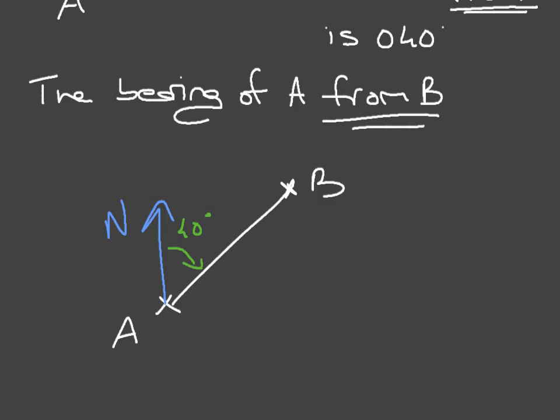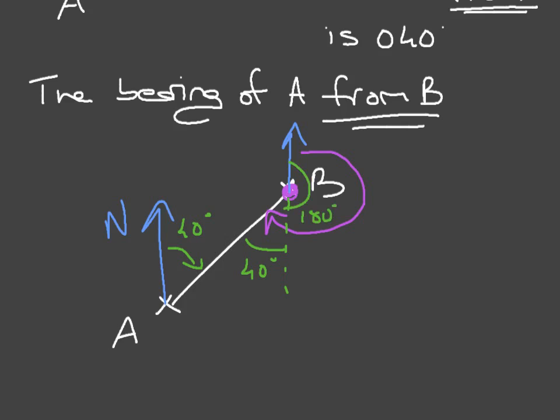In other words, in this case, we're standing at B now, and if we point north as upwards, we're now interested in this angle, the angle which joins the north to the line segment BA. Remember, this is measured clockwise. Well, you may see it directly off this diagram. This angle here is also 40 degrees, and to that we're adding 180 degrees.